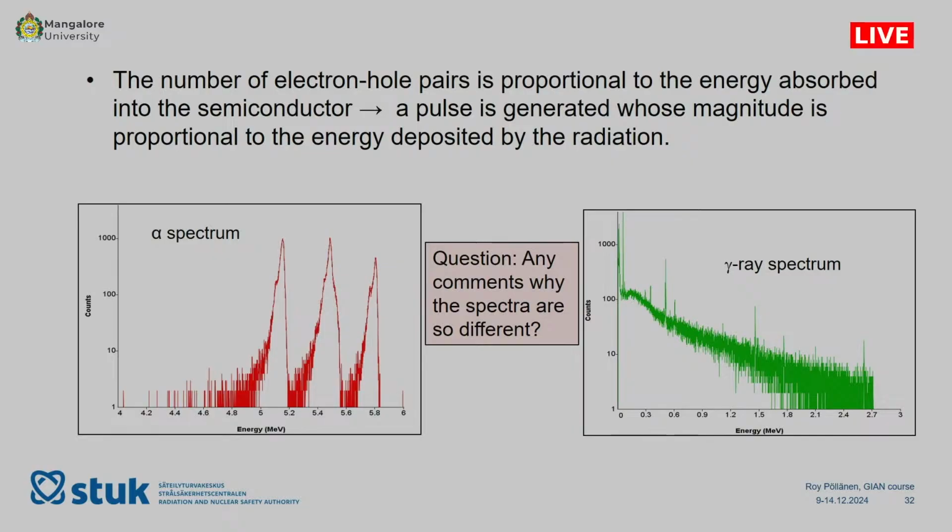So there are differences in the spectra, and these depend on the radiation characteristics, how they behave in the detector. The peaks are more or less the same, but there is a difference in the background. Do you have any comments on this?